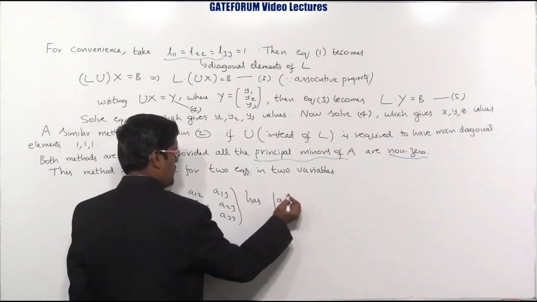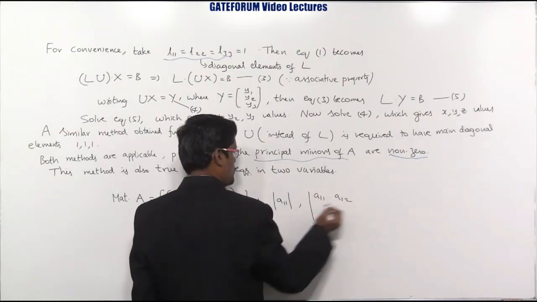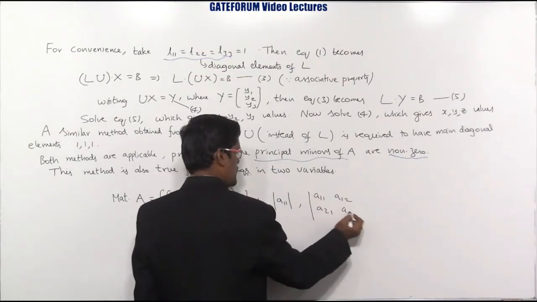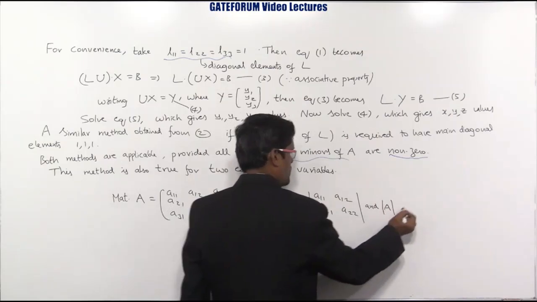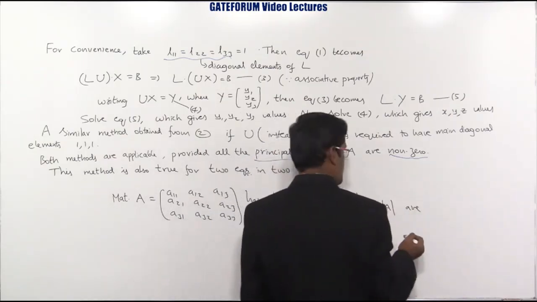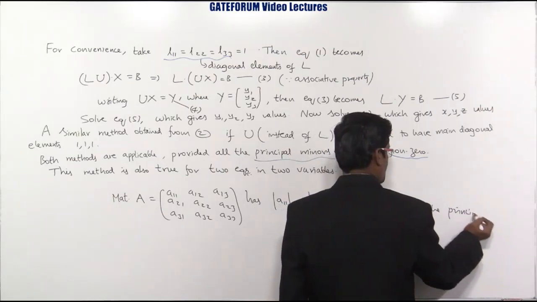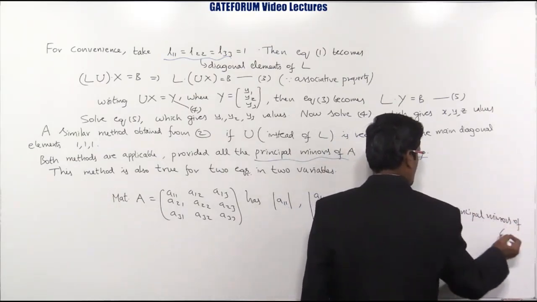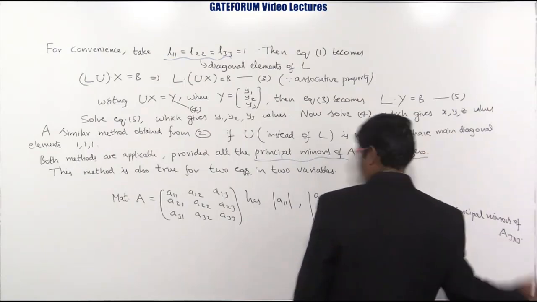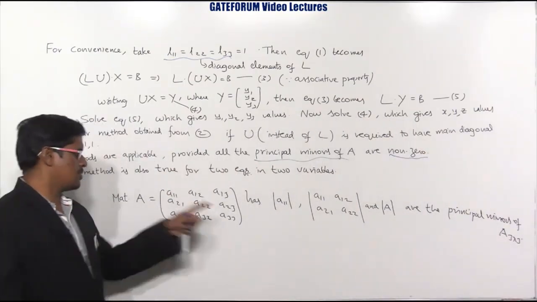Determinant A11, determinant of A11, A12, A21, A22 and determinant A are the principal minors of the 3 cross 3 matrix A. Deleting the last two rows and last two columns, that is this one.